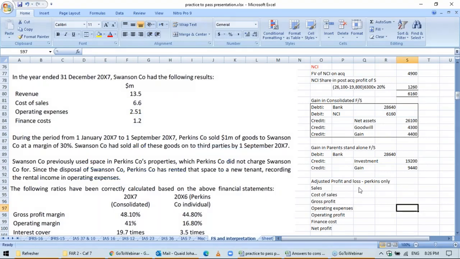Sales. Now the consolidated sales was 46,220.